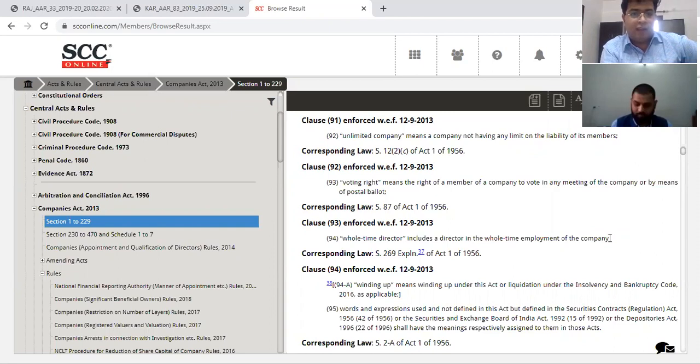There's why this interpretation comes into being. Historically, the Companies Act has never been seen to be a legislation which defines the nature of the relationship that a director shares with the company.